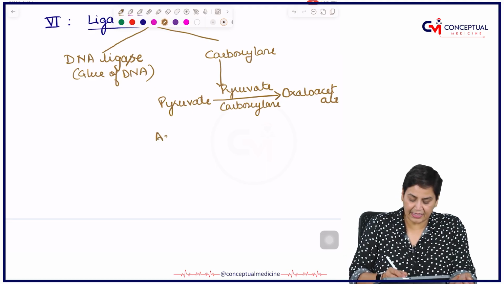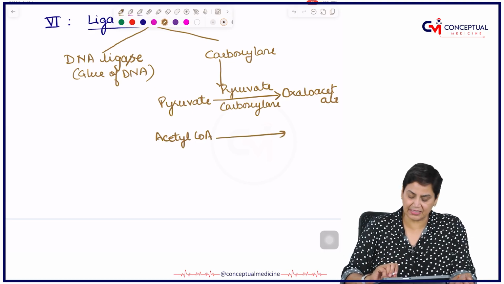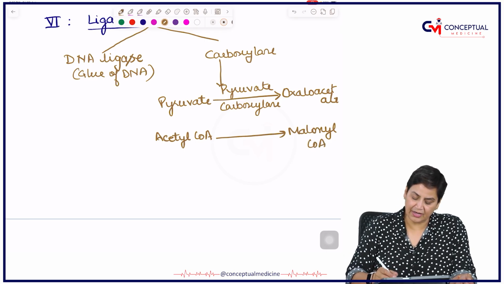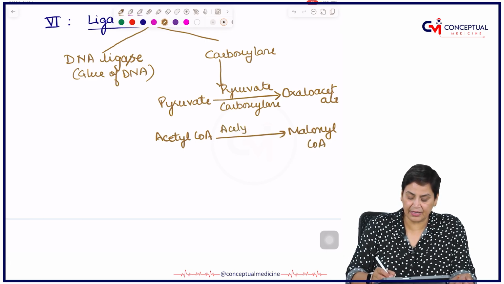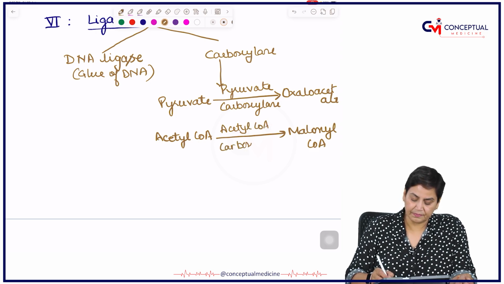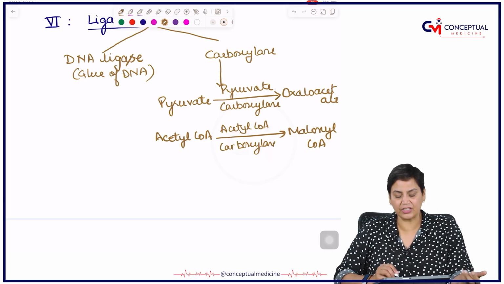Similarly, acetyl coenzyme A undergoes carboxylation by the enzyme acetyl coenzyme A carboxylase to form malonyl-CoA, which is again a rate limiting enzyme also. So these are the two very important reactions of this.